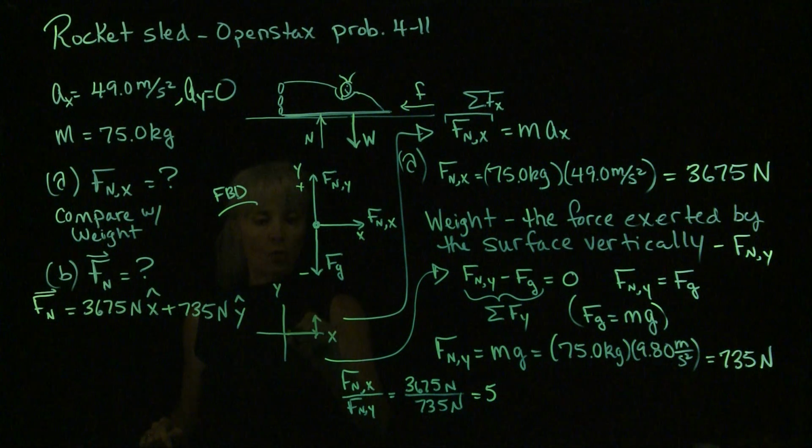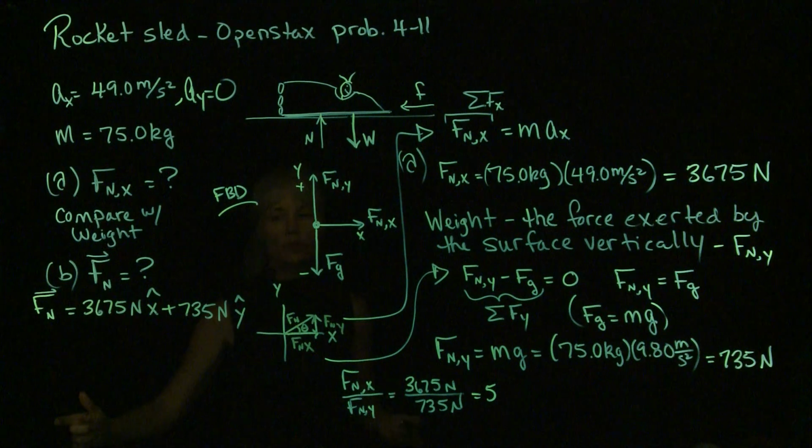So there we go, and this then is the resultant force, and this angle I'm after, and also the total magnitude of the normal force. So this is the normal force along y, and this is the normal force along x.